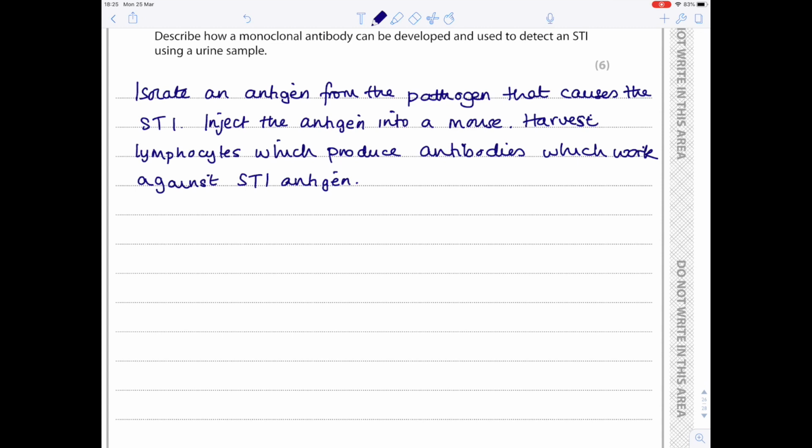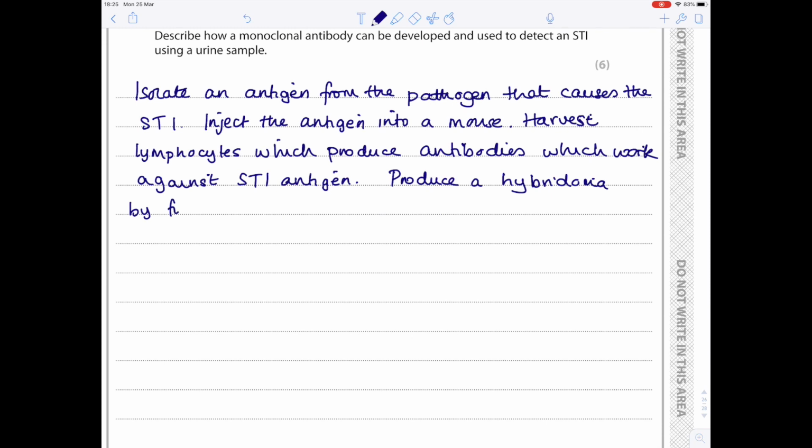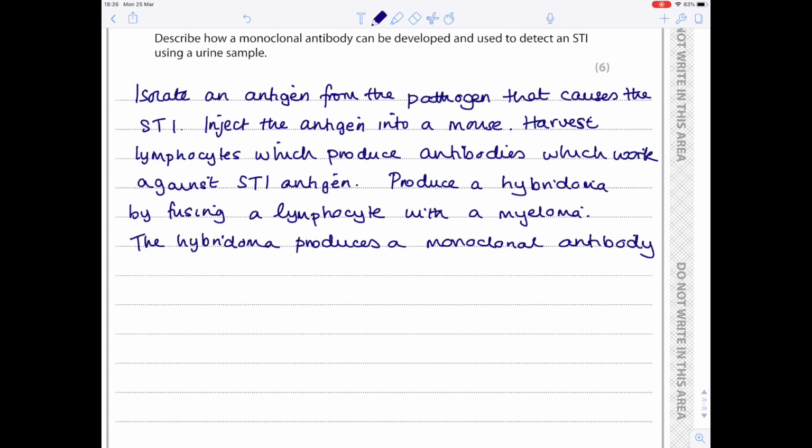Our next stage is to produce the hybridoma, which is made by combining the B lymphocyte with a myeloma cell. And then the hybridoma's responsibility is to produce the monoclonal antibody against the antigen of the STI.